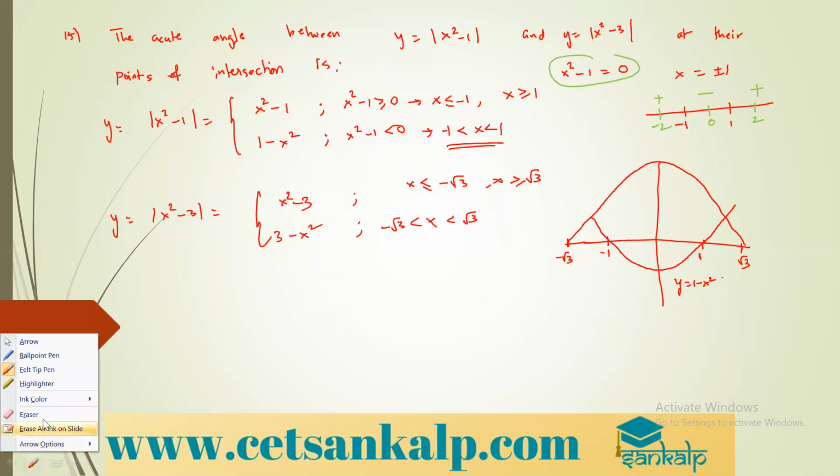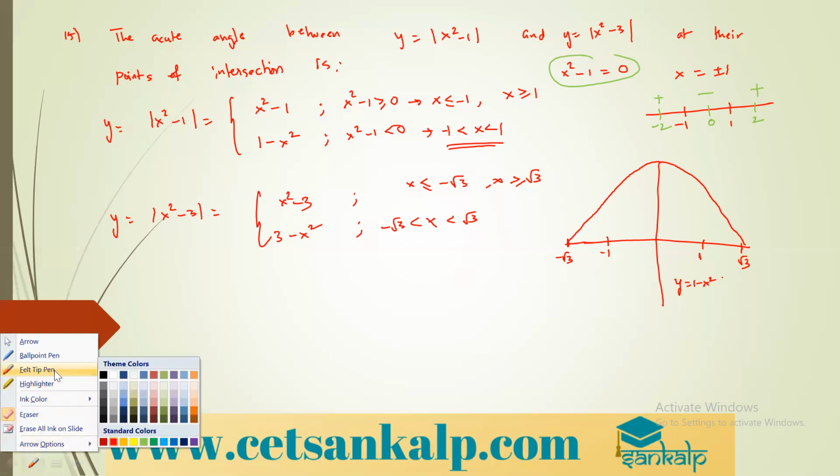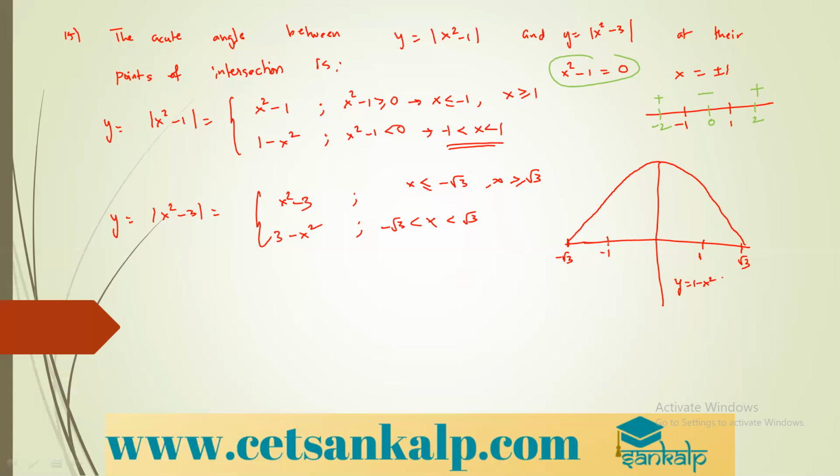Both the graphs you can draw down, or both the graphs you can draw up. So this graph also I can draw like this. This is y equal to 3 minus x square.